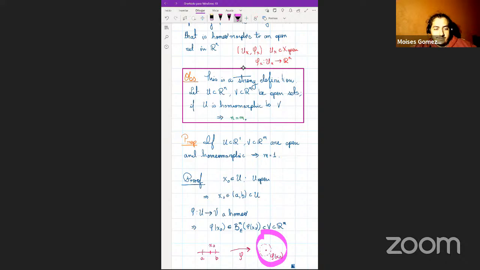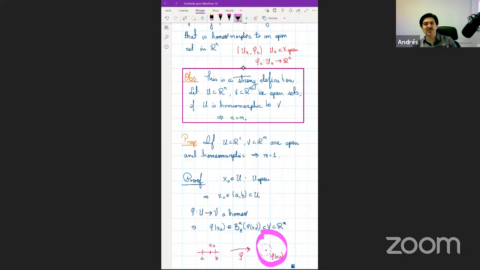Just when the dimension is equal or greater than 2. So any ball in Rm, if you remove the center, it will always be connected for m greater or equal than 2. Only in dimension 1, if you remove the center, you will get something that is disconnected.